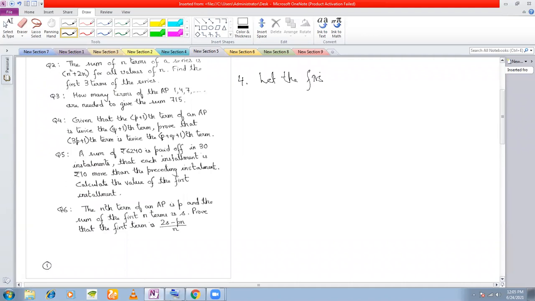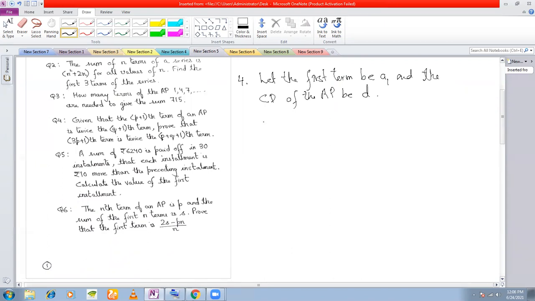Because the p plus 1 and q plus 1th terms are given, you need to prove that the 3p plus 1th term is twice the p plus q plus 1th term. All terms are given in terms of p. So let the first term be a1 and the common difference of the AP be d. Now we can work.